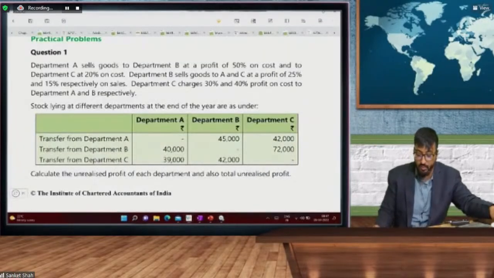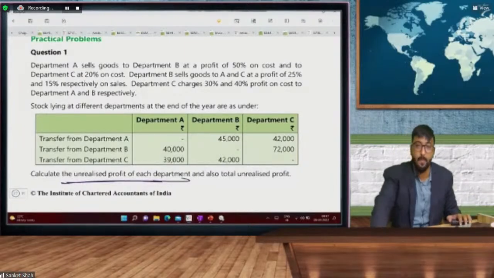Same question. Only unrealized profit you have to calculate. Chalo. Illustrate TY 1. Very simple question, TY 1. And I'm going to share one question of the day today in homework, okay. So let's see how many of you can complete it.